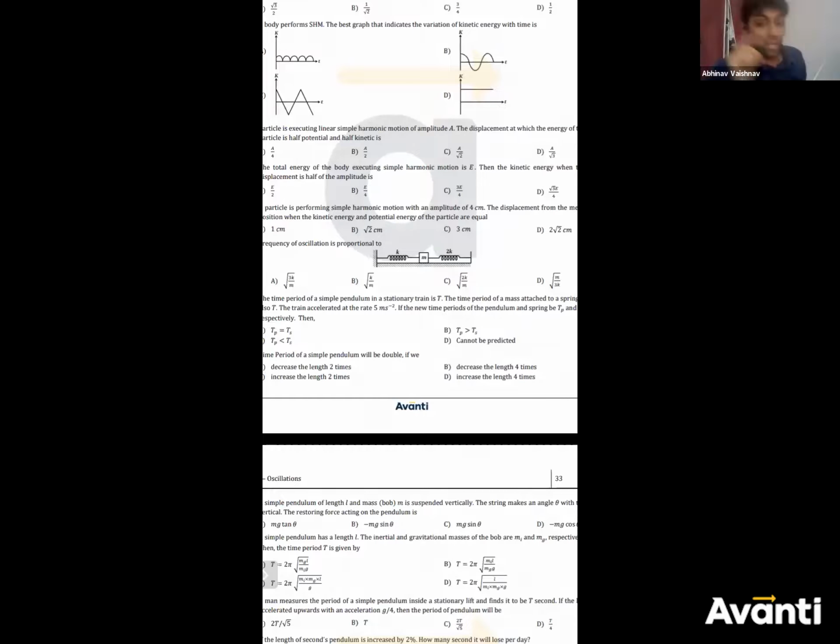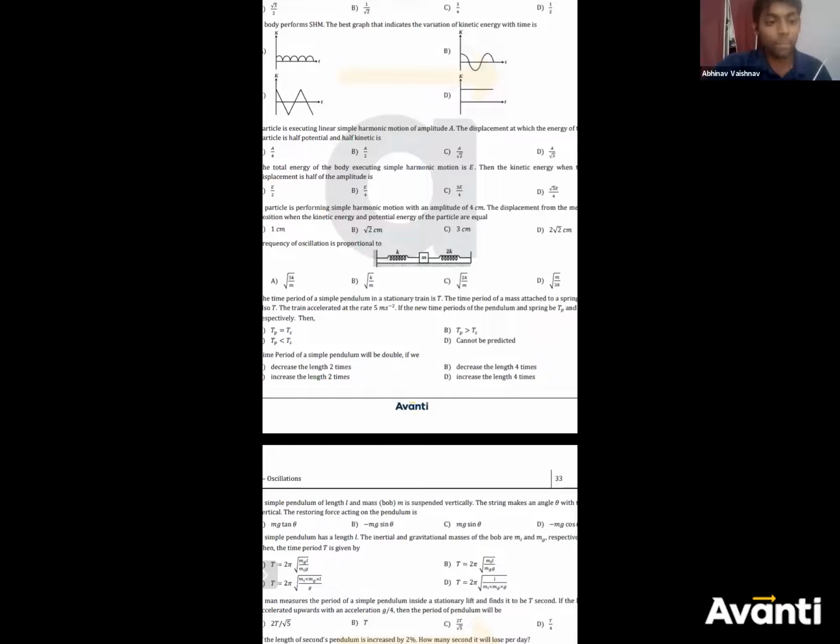It says the time period of a simple pendulum in a stationary train is T. The train is standing still on the tracks, and the simple pendulum in it has time period T. The time period of a mass attached to a spring in the same train is also T.